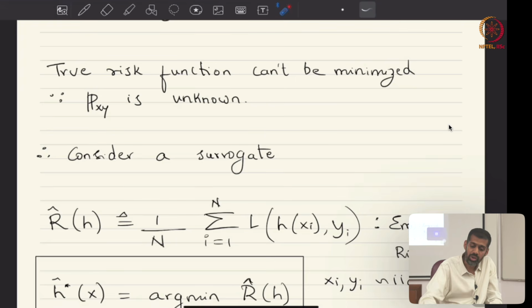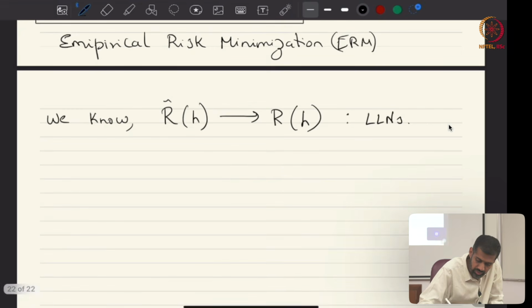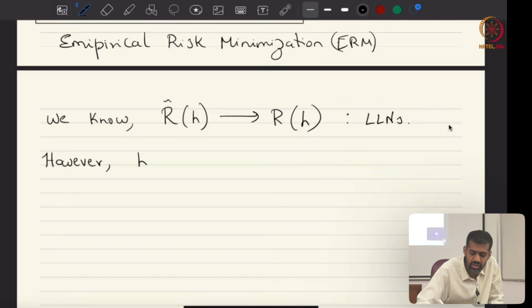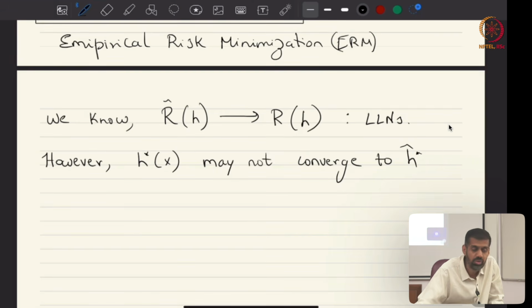You have to design an algorithm, however, H star hat of x, the minimizer of the empirical risk, may not converge to H star of x, the minimizer of the true risk.